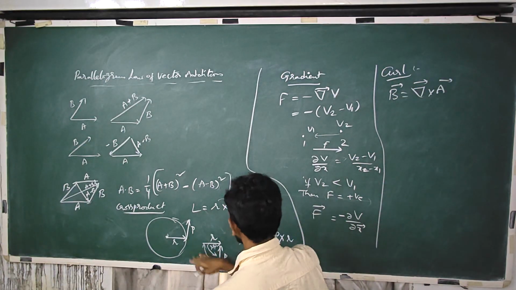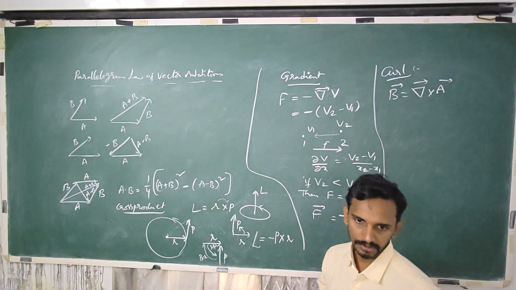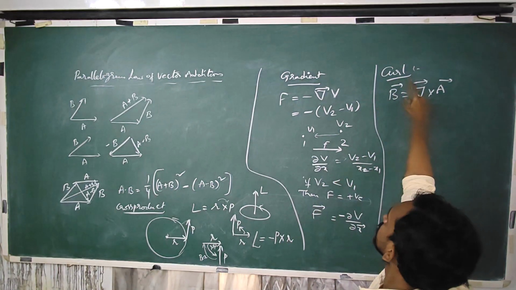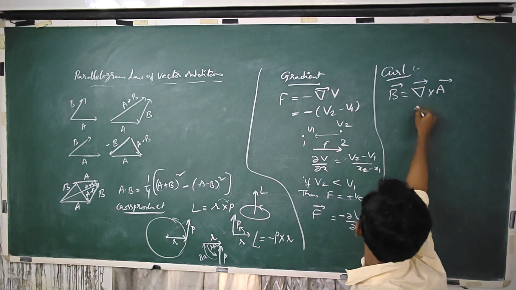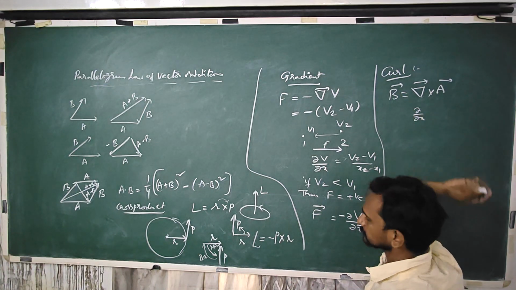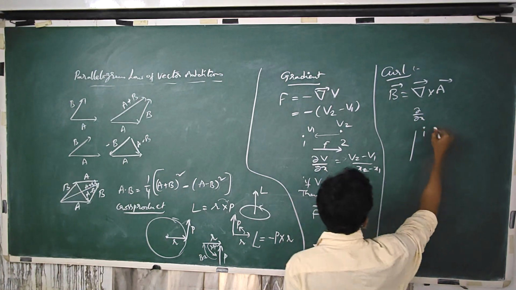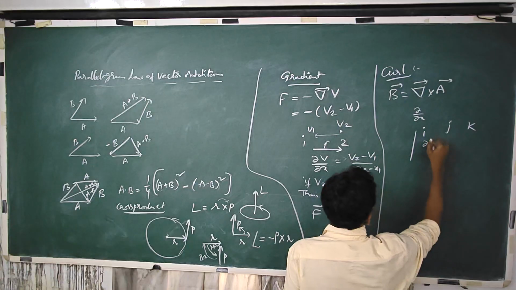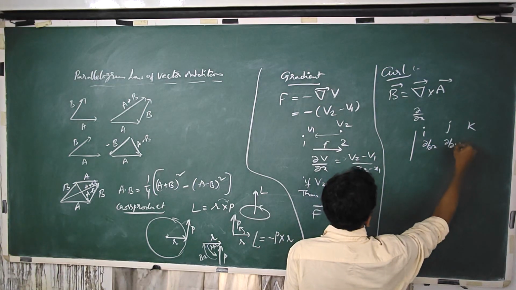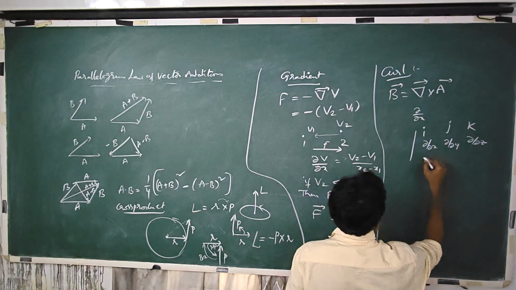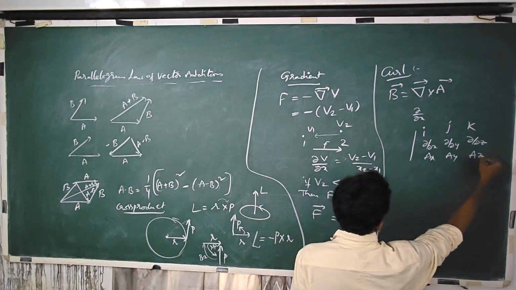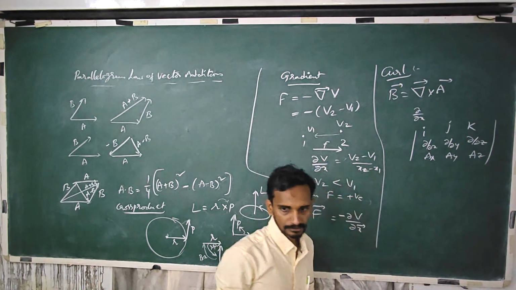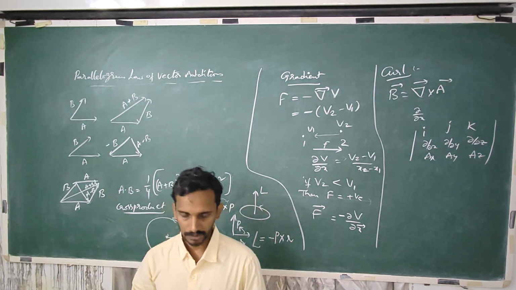Here we have seen the cross product of two vectors, and we are trying to calculate a cross product with del, which is dou by dou x, dou by dou y, dou by dou z, and this is ax, ay and az. Cross product.